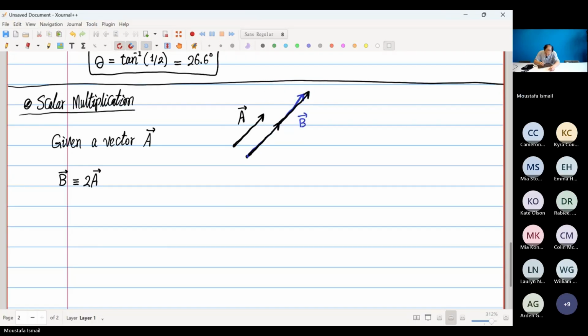Yeah, so this is vector B. It's two vectors A stacked on top of one another. So it is 2A.